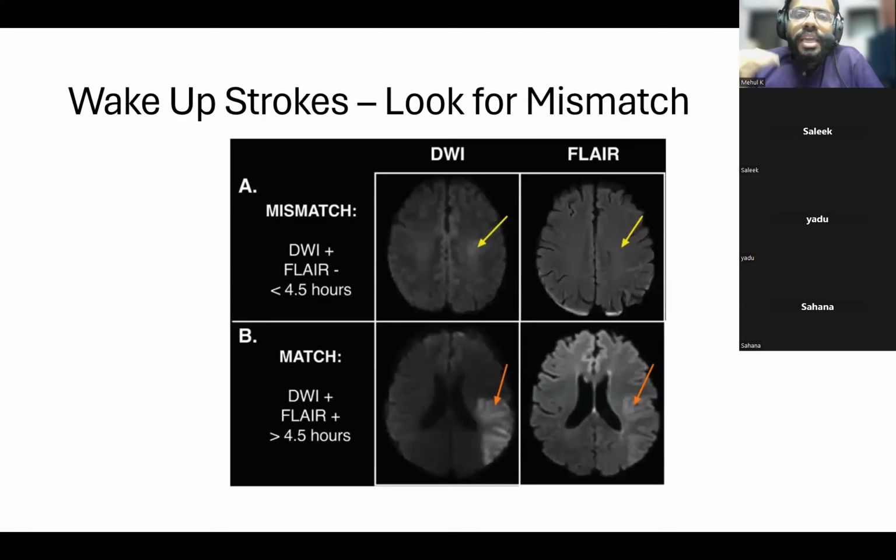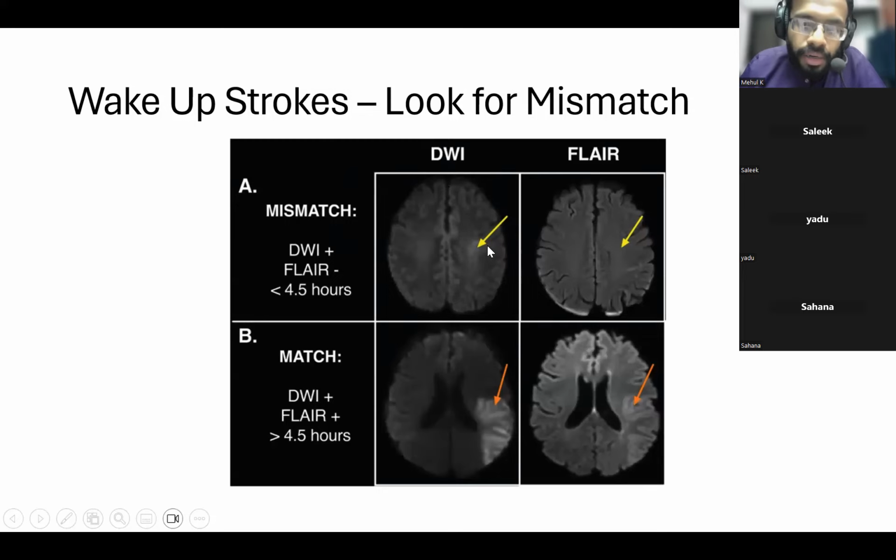One is something called diffusion-FLAIR mismatch. So MRI sequencing. Obviously you need to do MRI for this. One of the indications for doing an acute MRI in a suspected stroke is wake-up stroke. In diffusion weighted imaging, you can see an infarct in the image above.